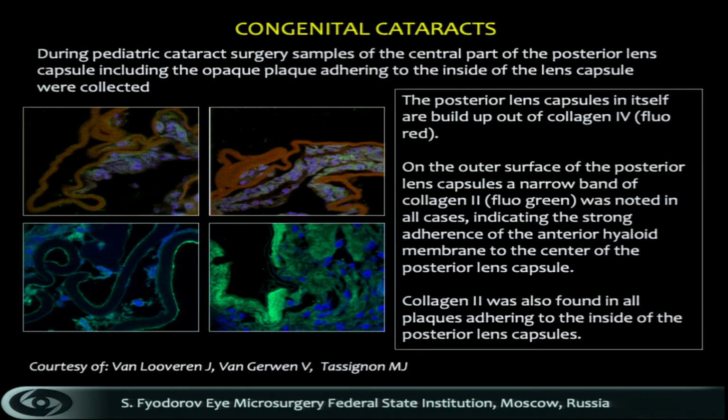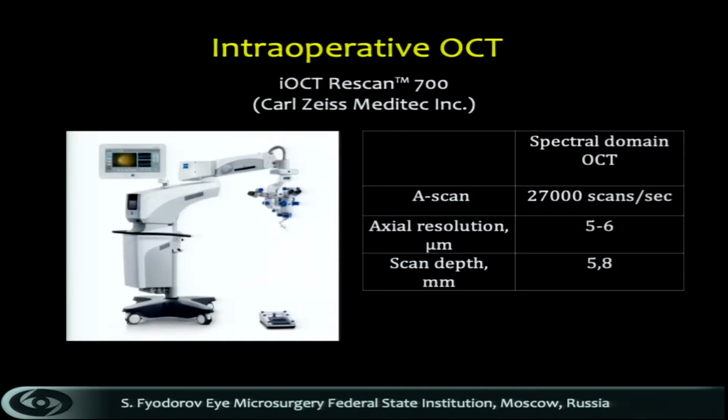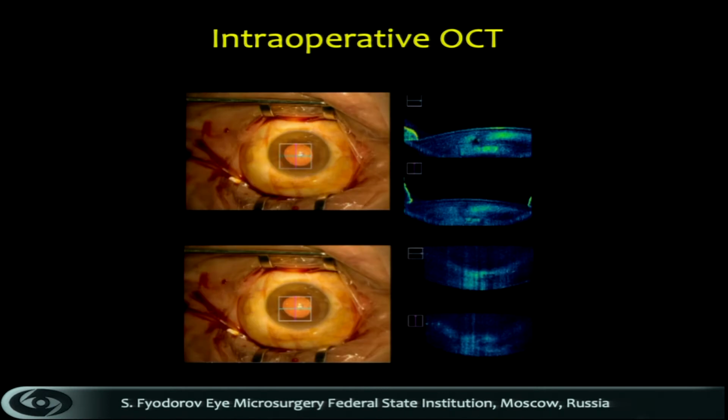Actually, in our clinical practice, we were able to study the anatomy of this structure by intraoperative OCT. We now have several systems available for surgeons, and I'm using one of them, shown here. Intraoperative OCT does not give you the opportunity to study the interrelationship between the posterior capsule and the anterior vitreous before the surgery.